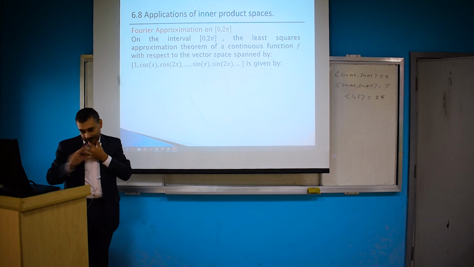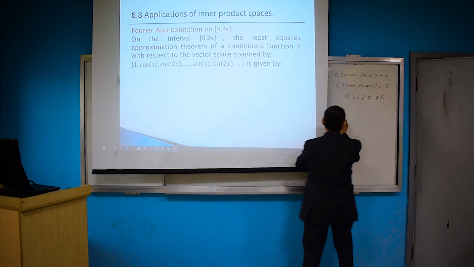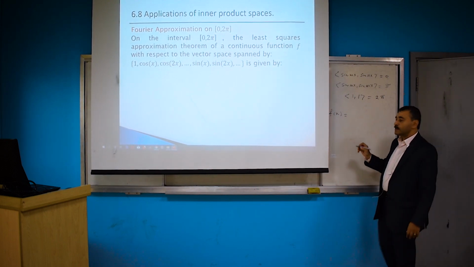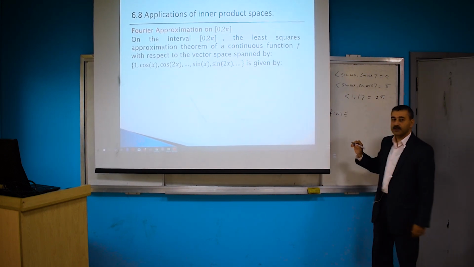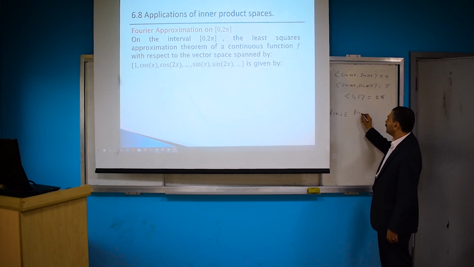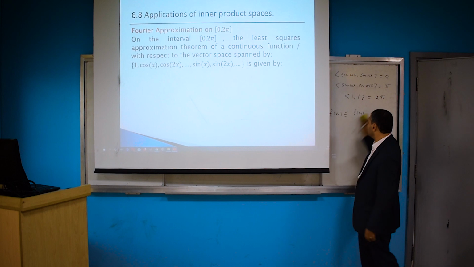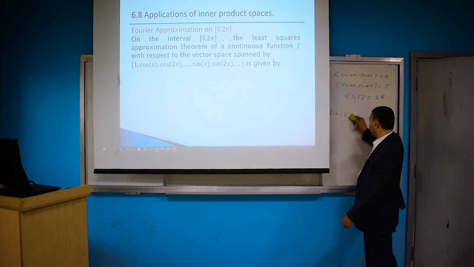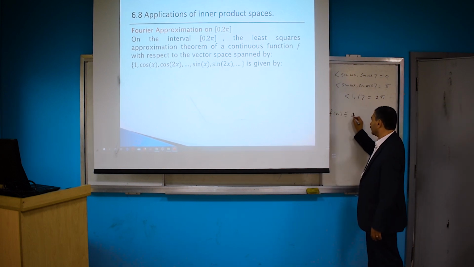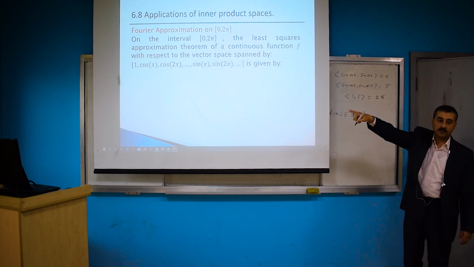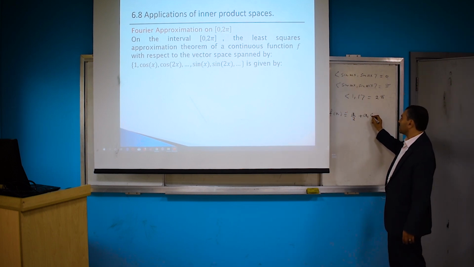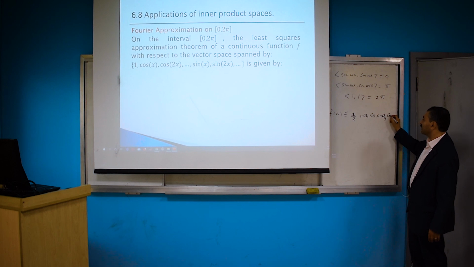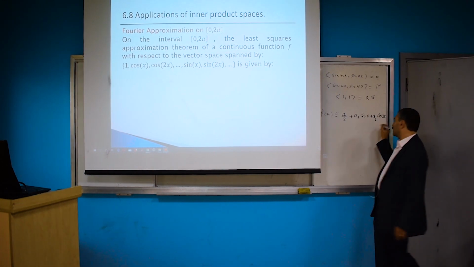So how will we write it? Given f of x, we get its projection, the approximation, and project onto the 1. Let's write it as a constant. Write the constant as a naught over 2, multiplied by 1, plus a constant multiplied by cosine x, which I'll call a1, plus a2 multiplied by cosine 2x and so on.